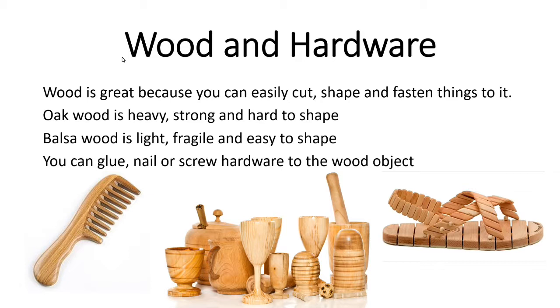Balsa wood is light, fragile, and easy to shape. You can pretty much cut balsa wood with a butter knife, and you can sand it into whatever shape you want, but it's pretty fragile. You can glue, nail, screw hardware to the wood objects. So wood, you have a lot of possibilities with wood.